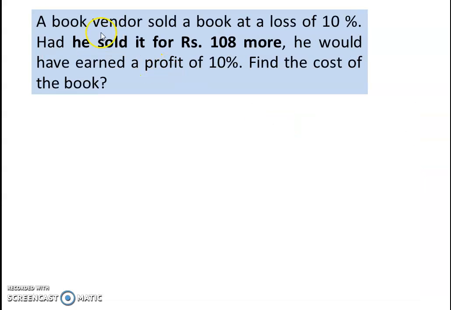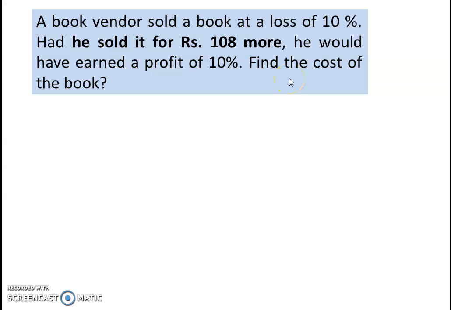Next question is, a book vendor sold a book at a loss of 10%. Had he sold it for rupees 108 more, he would have earned a profit of 10%. Find the cost of the book. So in this case, we need to calculate the cost price of the book.